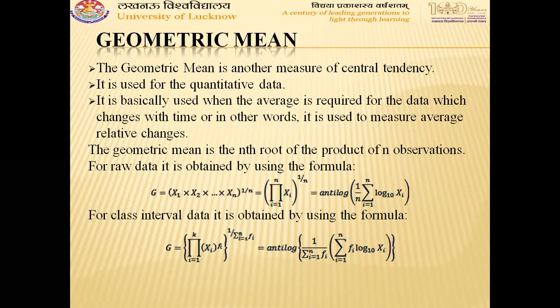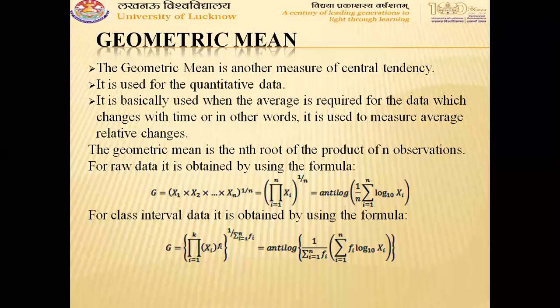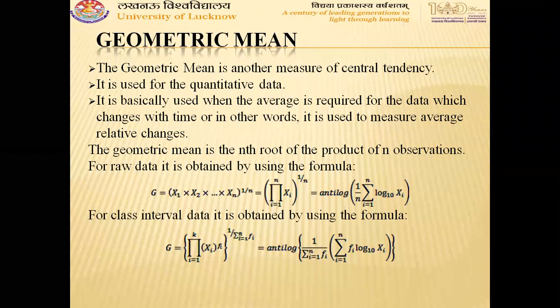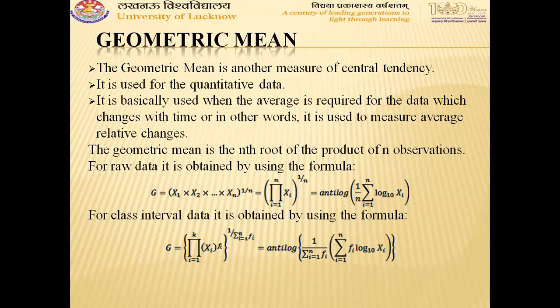Somehow it is difficult to calculate power 1 by n manually, so it can be transformed in terms of log and anti-log. So in terms of log and anti-log, the formula of geometric mean would become anti-log of 1 upon n summation i goes 1 to n log xi on base 10.